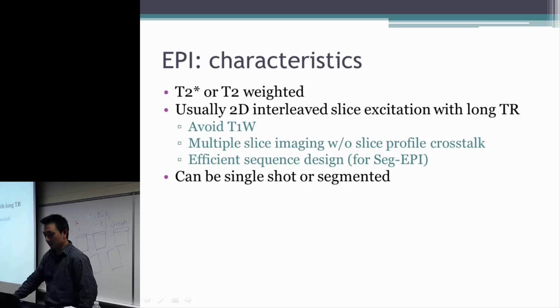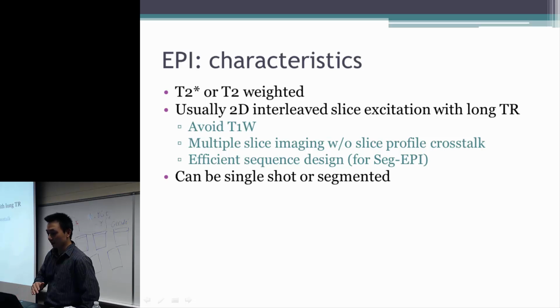And when we collect EPI, it's usually 2D imaging. So we usually use 2D interleaved slice excitation with a relatively long TR. The idea is, first, we use a relatively long TR so that we can avoid T1 weighting, as we've seen before. Steady state incoherent is actually a T1 weighted image.